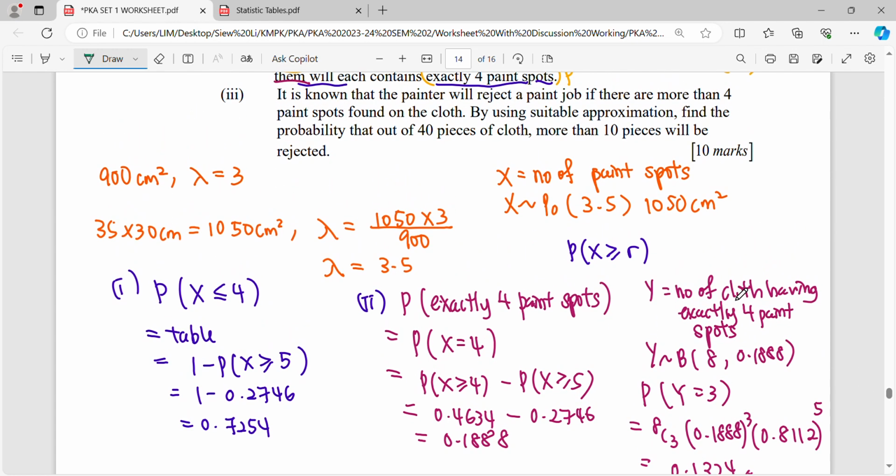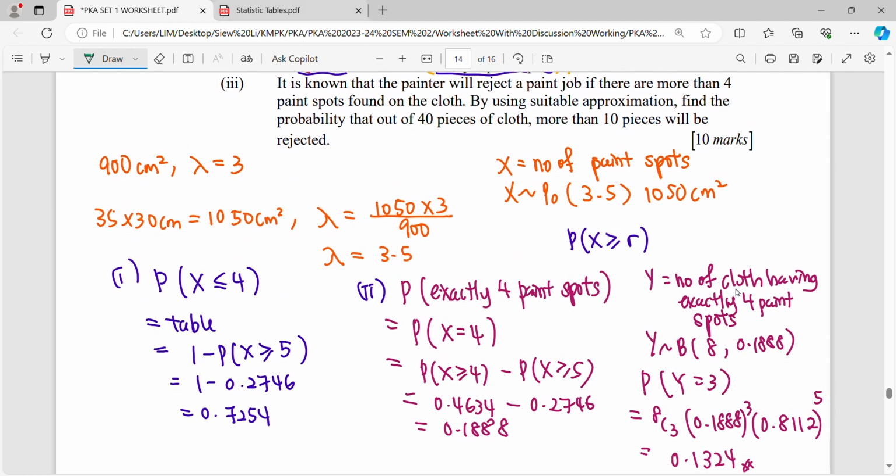Then we come to number 3. It is known that the printer will reject a paint job if there are more than 4 paint spots on the cloth. So by using suitable approximation, find the probability out of 40 pieces. So the situation changes again. Just now the example was exactly 4 paint spots.